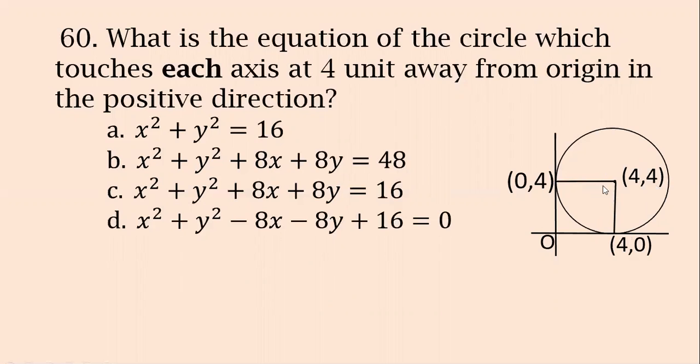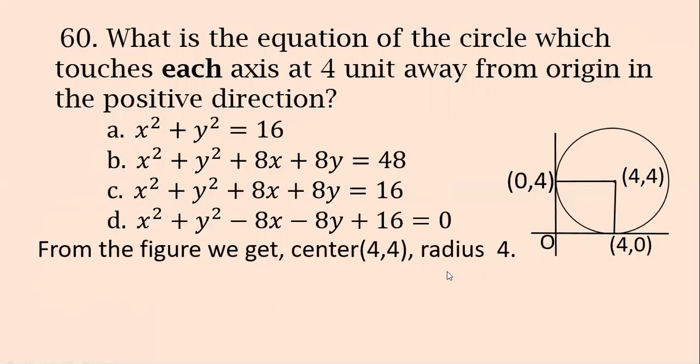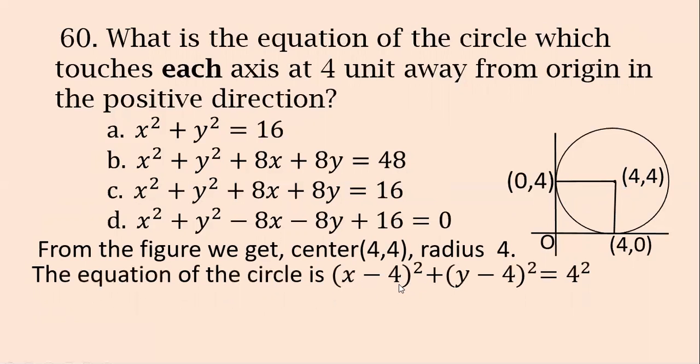So what will be the equation? (x minus 4) whole square plus (y minus k) whole square is equal to radius square. Here h is 4 and k is 4, radius 4. So (x minus 4) whole square plus (y minus 4) whole square is equal to 4 square.